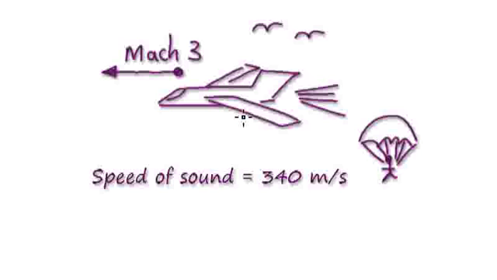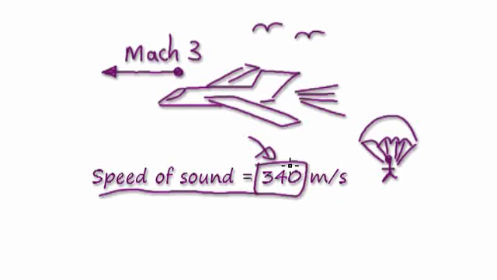Now fighter pilots, they like to use Mach. This jet here is traveling at Mach 3. Mach is the speed of sound, so when you say Mach 3, it means 3 times the speed of sound. The speed of sound, rounded off, is roughly 340 meters per second.